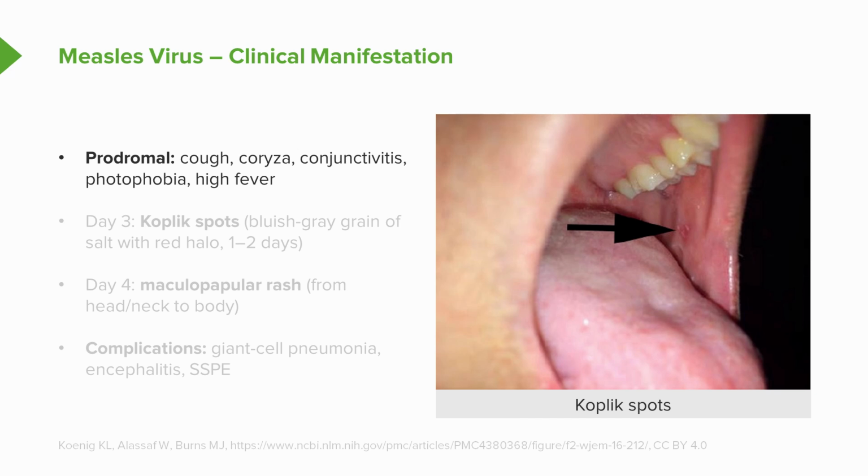The coryza is typically starting as clear, and then it becomes even a mucopurulent nasal discharge. And the conjunctivitis, erythematous injection of the full conjunctiva with a very copious tearing of the eyes. And along with that, sort of a photophobia.